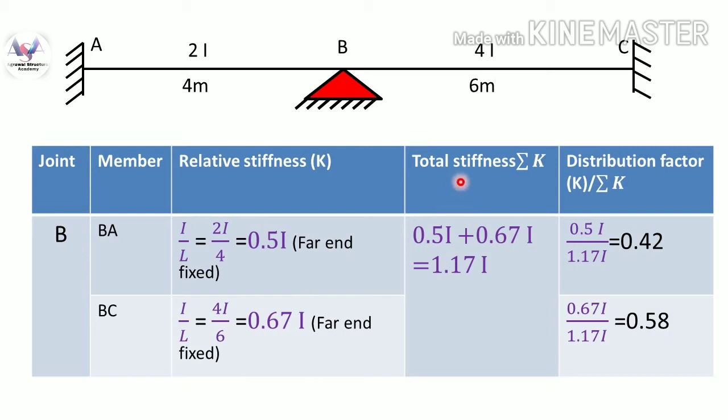Now the total stiffness here at the joint B. So these two members are meeting. So the summation of these two members: 0.5I plus 0.67I, that is equal to 1.17I. Now the distribution factor, what is the formula?